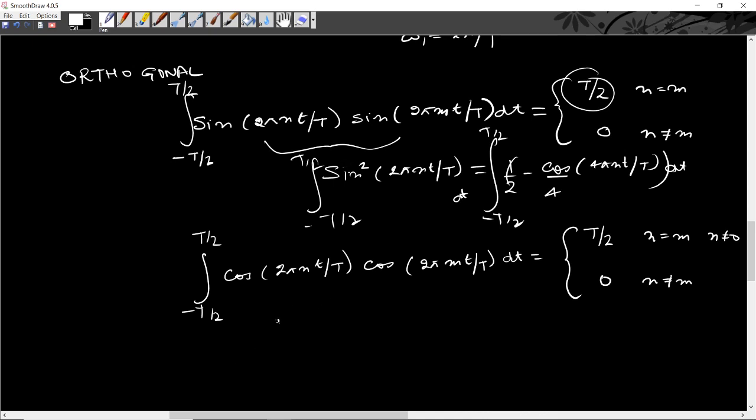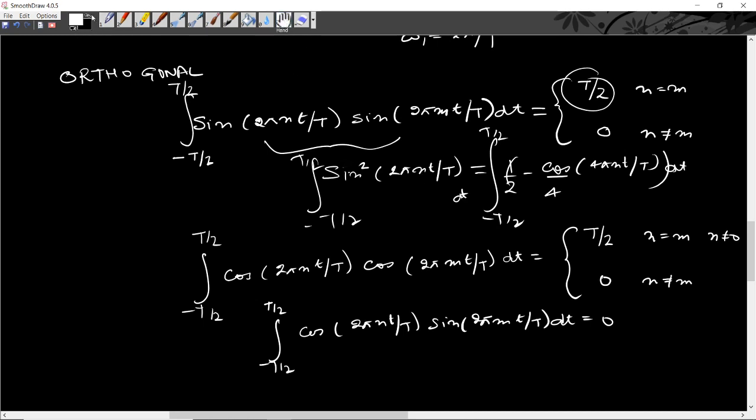Similarly, if I look at the product of cosine 2 pi n t over T and sine 2 pi m t over capital T, then this integral is always equal to 0.